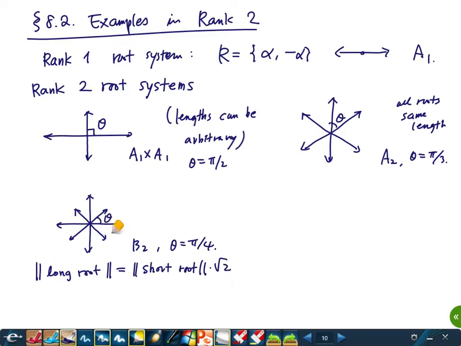So these 4 are short roots. They have length 1, say, and the long roots are a square root of 2 times the length of the short root. This one is more complicated, but not that much. Let's try to draw this.